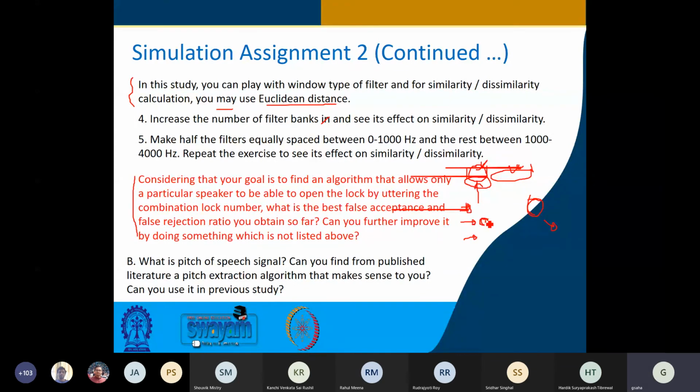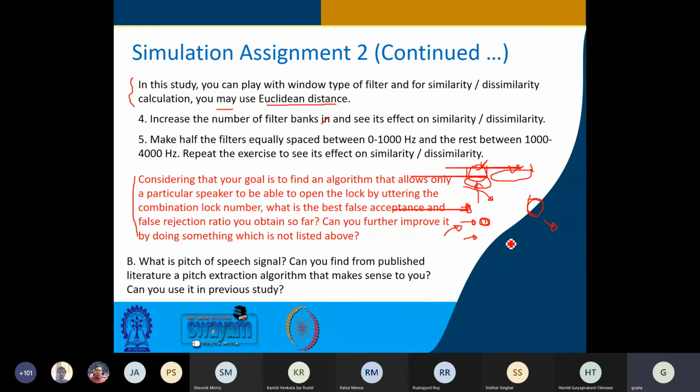So now that a test utterance has come, you are doing a match, calculating the degree of match, the distance, a vector form of distance now, and you say, okay, yes, this is a match. But in some cases you'll see that somebody else's voice is accepted, so that is false acceptance. Okay.